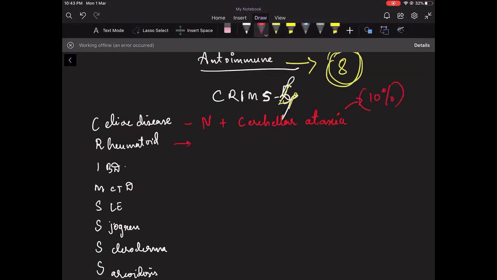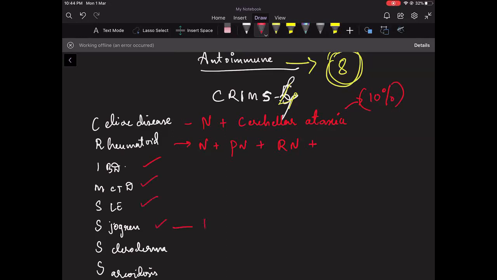In rheumatoid arthritis, the patient can have polyneuropathy, could present as radiculoneuropathy, and mostly due to vasculitic neuropathy. Even in IBD also, the patient can have this, even mixed connective tissue disorders, SLE also.